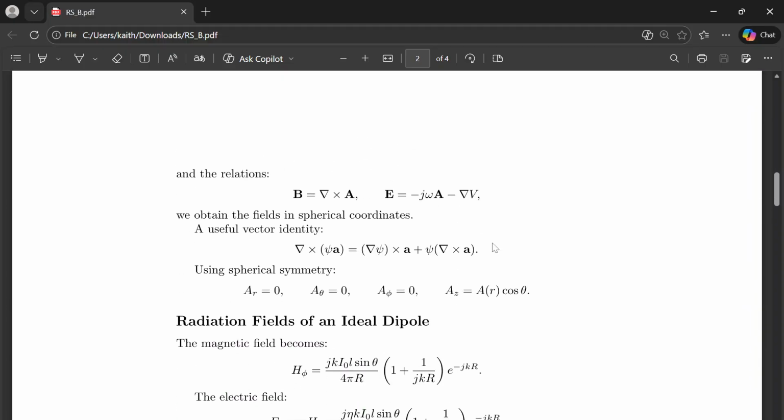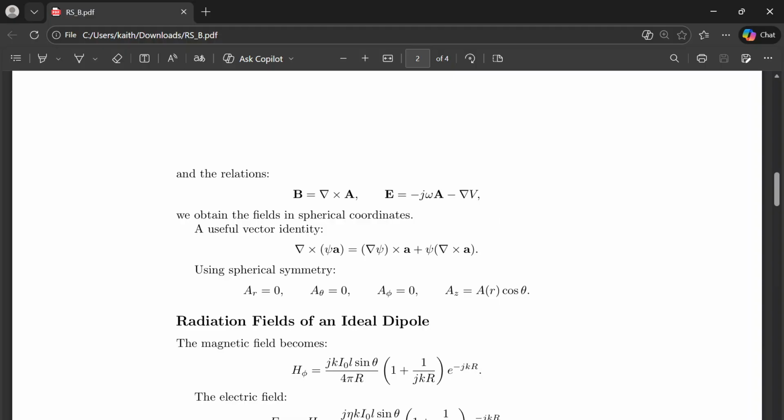Now, after finding the vector magnetic potential, we can easily find the electric field and the magnetic field from these formulas. These formulas you can also check from my previous videos. Now to simplify the electric field and magnetic field, we'll be using two things.